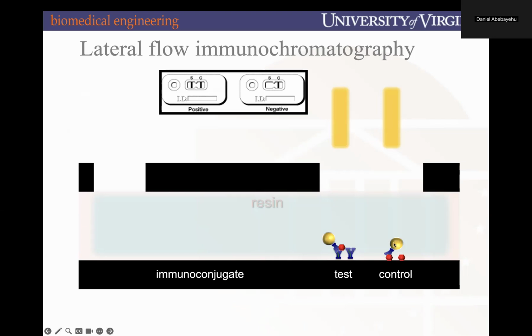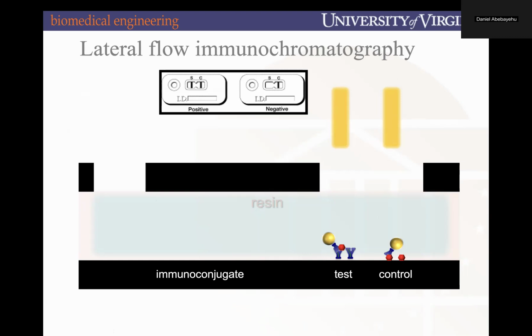To make sure that the test works, and that antibodies are flowing across this resin, you should have gold particle-tethered antibodies binding to this control strip site. And that will introduce the control band that you typically see in these tests. And this sandwich ELISA will help determine whether or not you test positive for whatever that given test is.